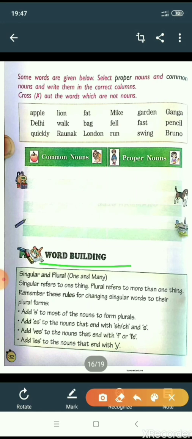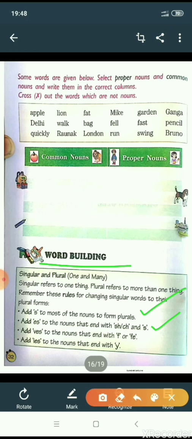The first one is add s to most of the nouns to form plurals. Children, in most of the words, we add s at the end of the word to make it plural. Then second one is add es to the nouns that end with sh, ch and s.